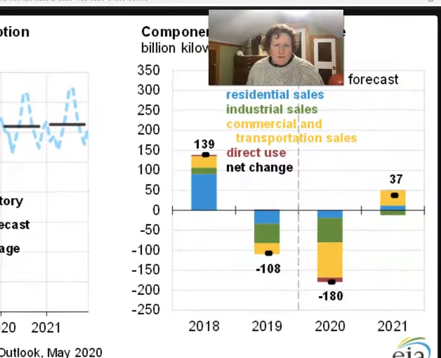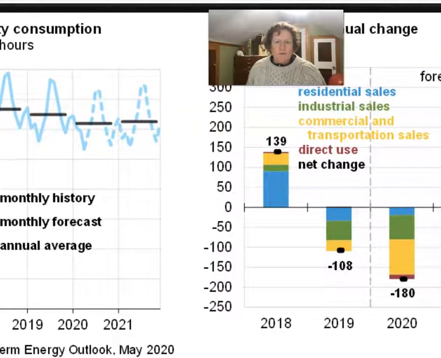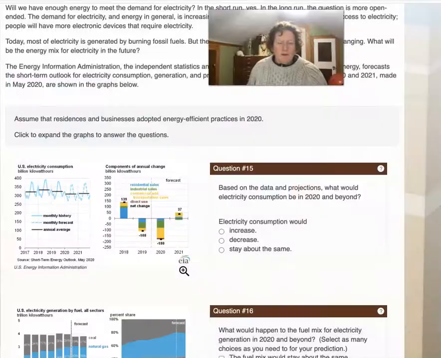Same thing on this components of change. It looks like commercial and transportation sales are going to make some of the demand come back up.